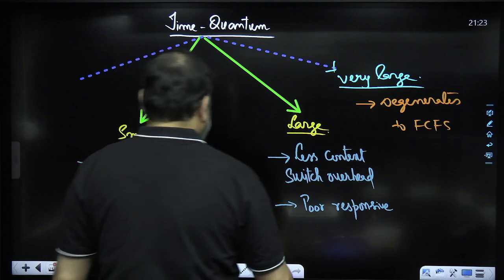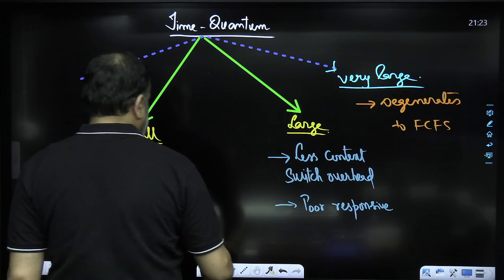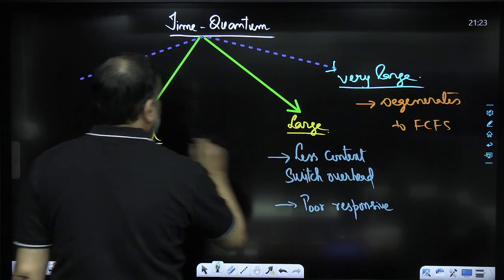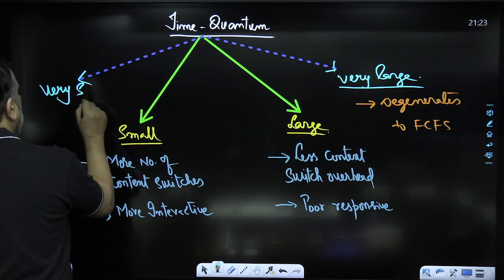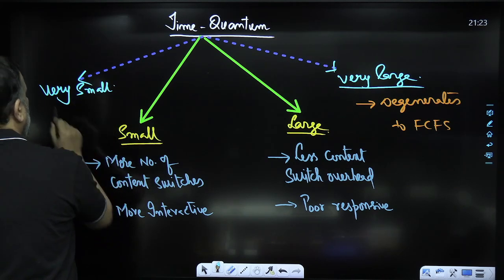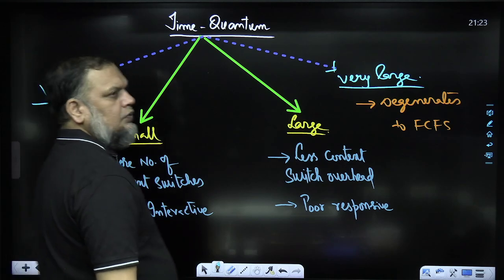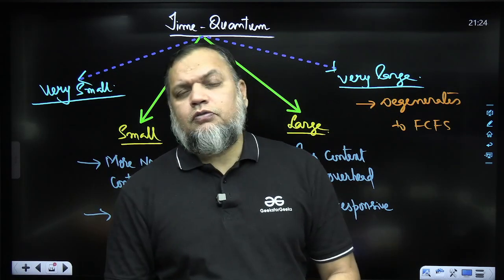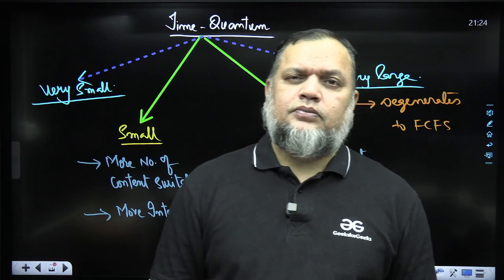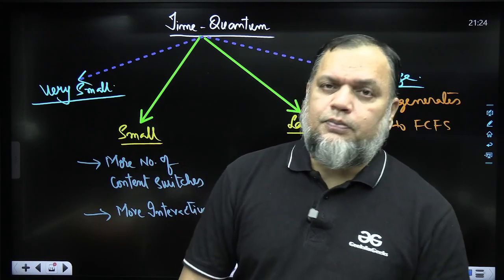And when the quantum is very small, look at this. When the quantum becomes very small, that means most of the time the processor will be busy doing context switching rather than doing useful computation.